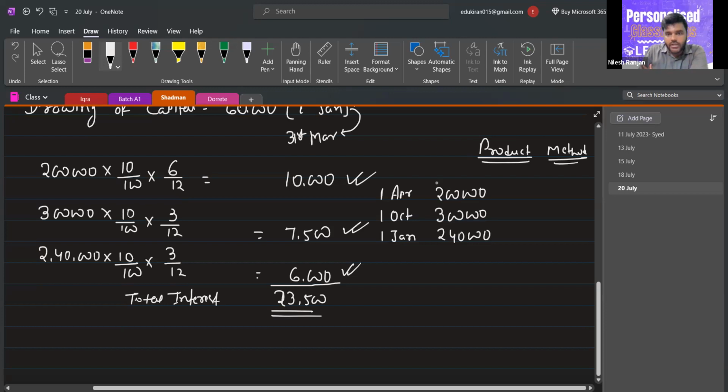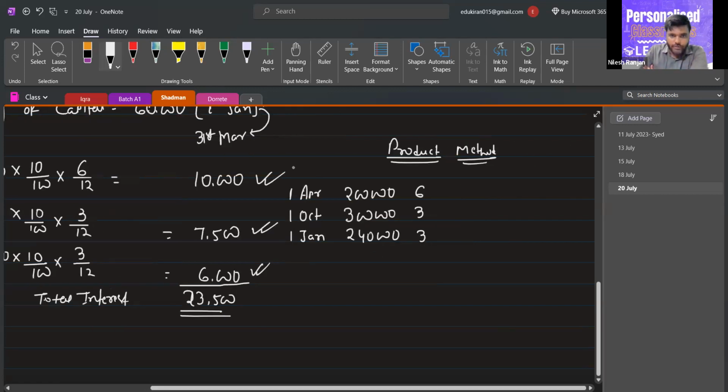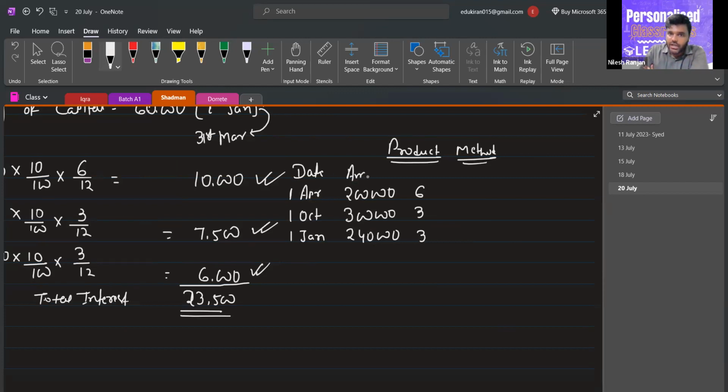Now, what is the time period for the first change? It is 6 months, then 3 months, and then 3 months. So in the product method you have to prepare columns: date, amount, time period, and then product.